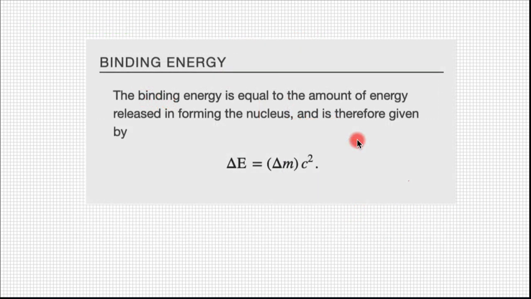Let's define binding energy now, so we have a clear understanding of what it actually is, because it can be used in a few different contexts. But the binding energy is equal to the amount of energy released in forming the nucleus and is given by this equation, which really is a variation of E equals mc squared.